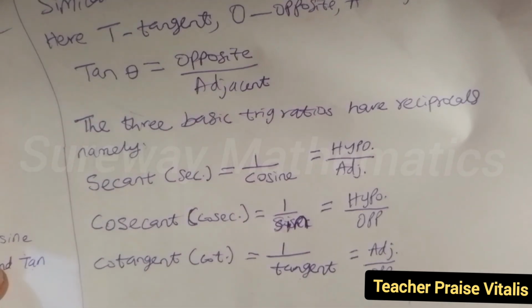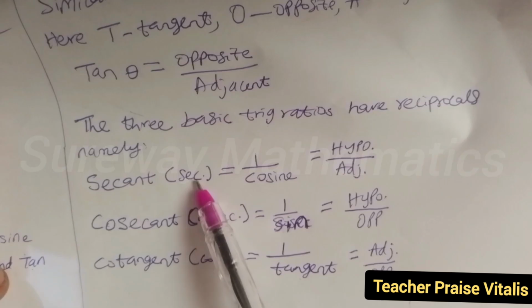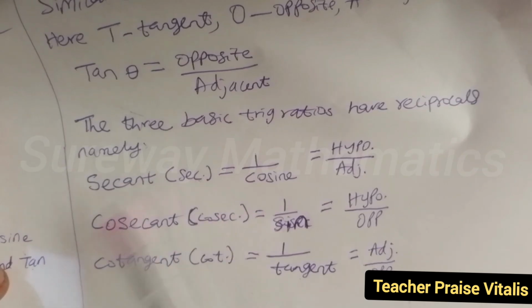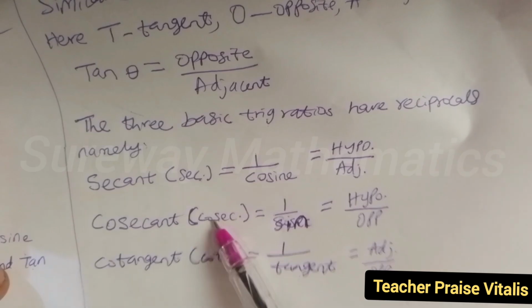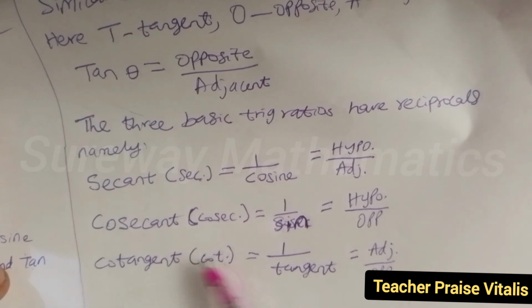Now, you don't need to cram these three reciprocals of the basic trig ratios. The best and simple way to remember them whenever the need be is to note the third letter in each of the words.